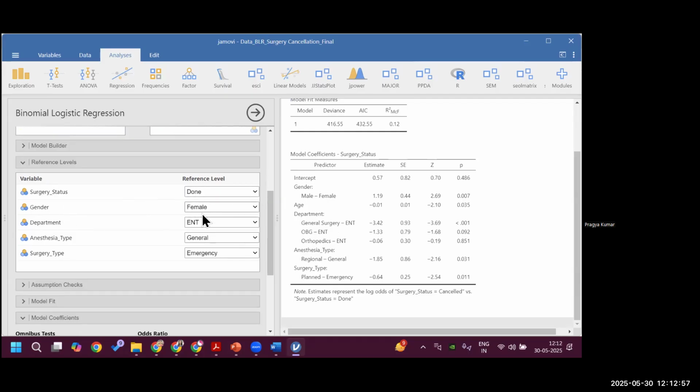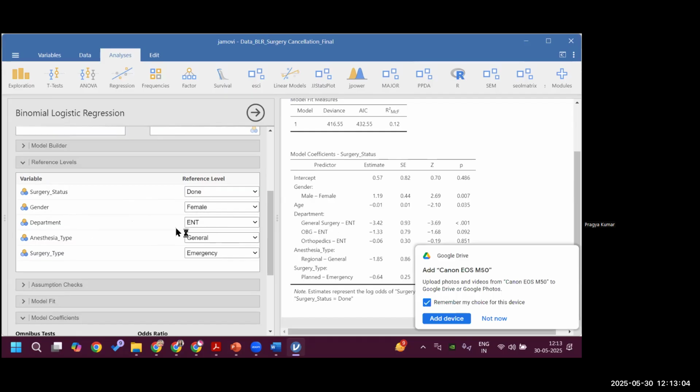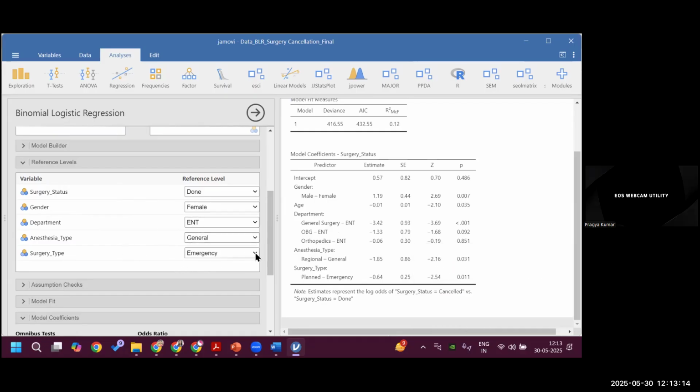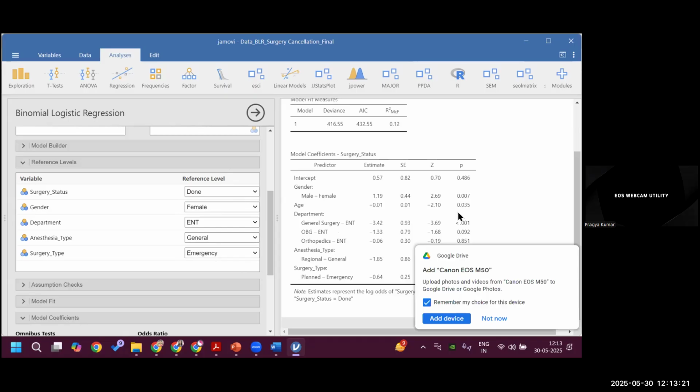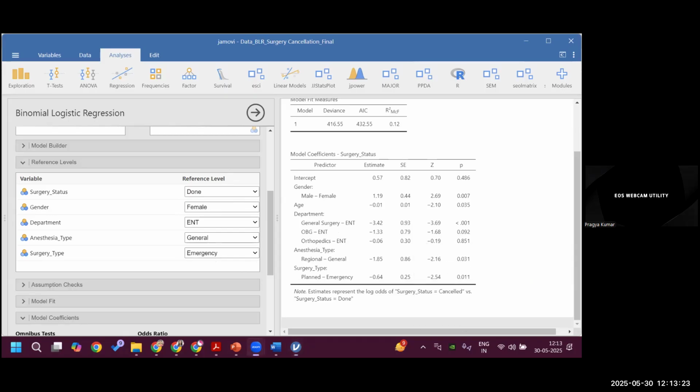Gender, female is my reference, so the odds ratio will be for male as compared to female. Similarly, the reference here is ENT, so I'll be telling the odds with reference to ENT. Anesthesia type is general, taking regional, and surgery type is emergency as a reference. So these are the reference levels. Again, you can change these reference levels, the way we have seen in the linear regression.